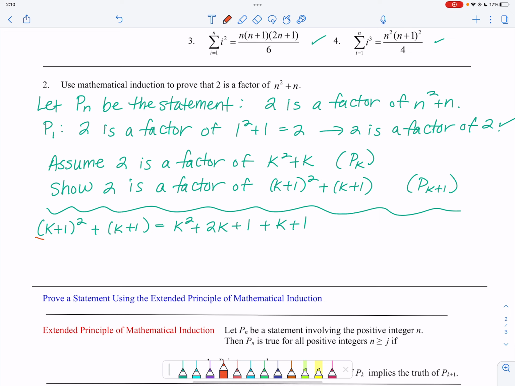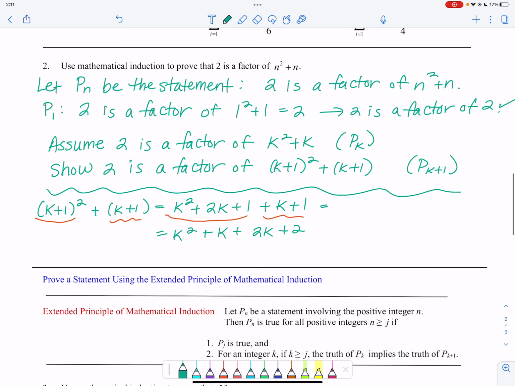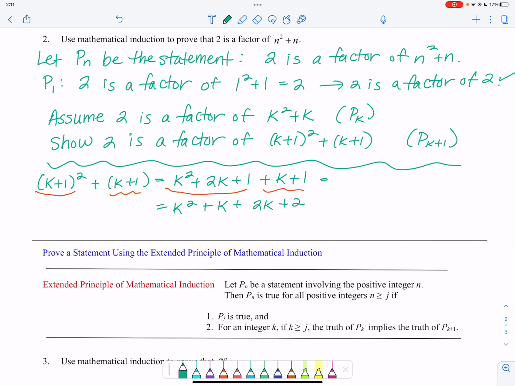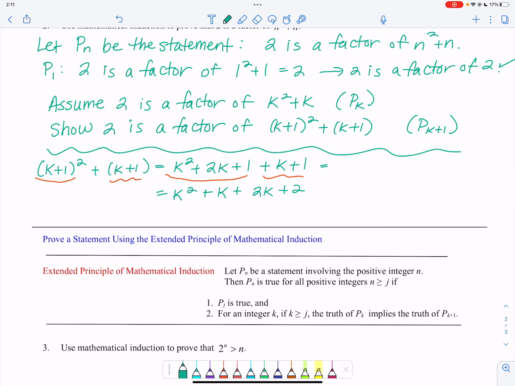Okay, so this is equal to this, and this is equal to this. And that equals, you can kind of look at that, I'll put it under here, k squared plus k plus 2k plus 2. And the reason why I wrote it like that was because this is divisible by 2, and this is also divisible by 2.